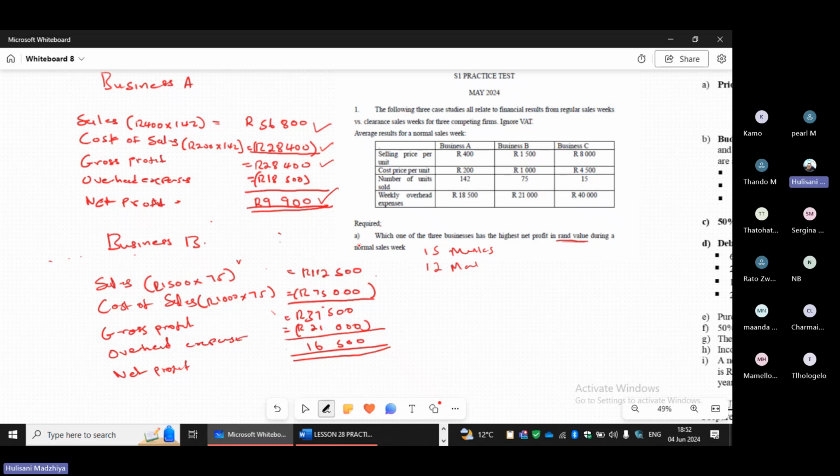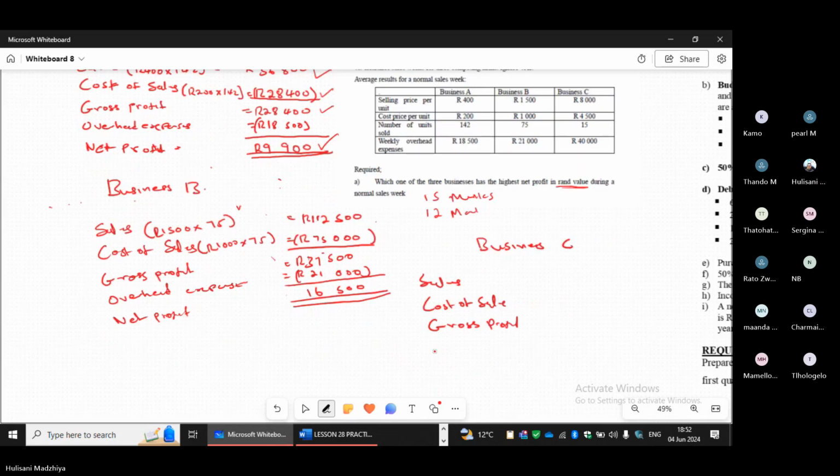All right, thank you very much. Then this means that now we can complete for business number C. So here we're going to have sales and then cost of sales, gross profit, and then overhead expense. And then we're going to have the net profit.